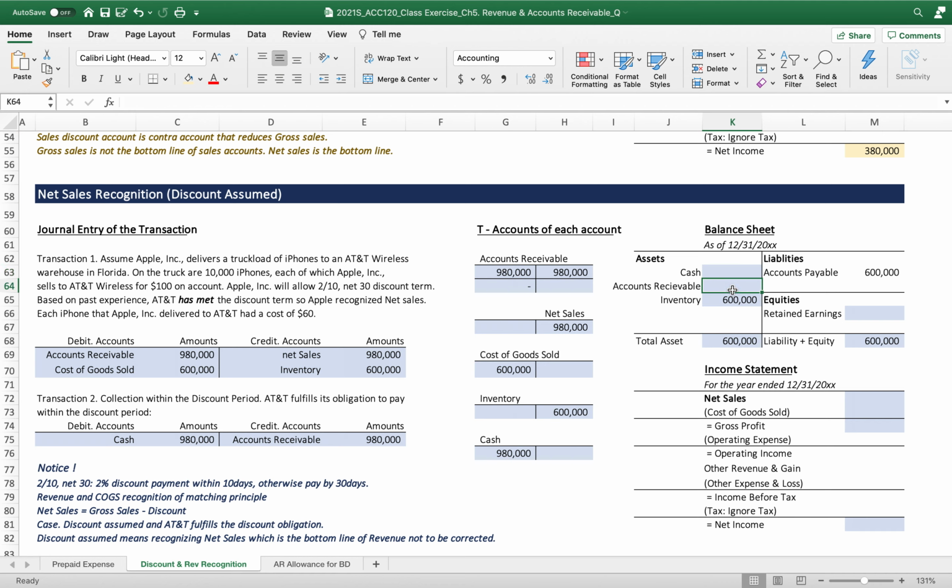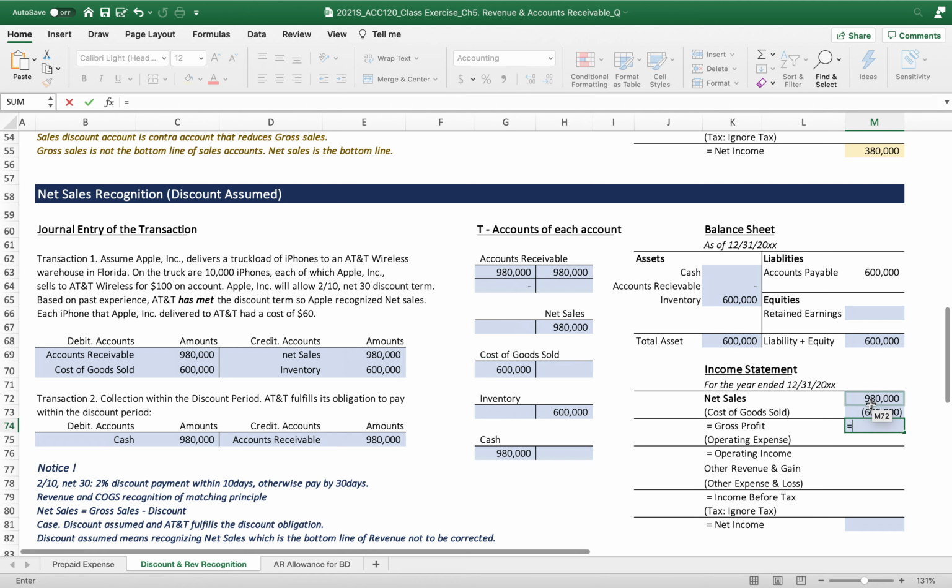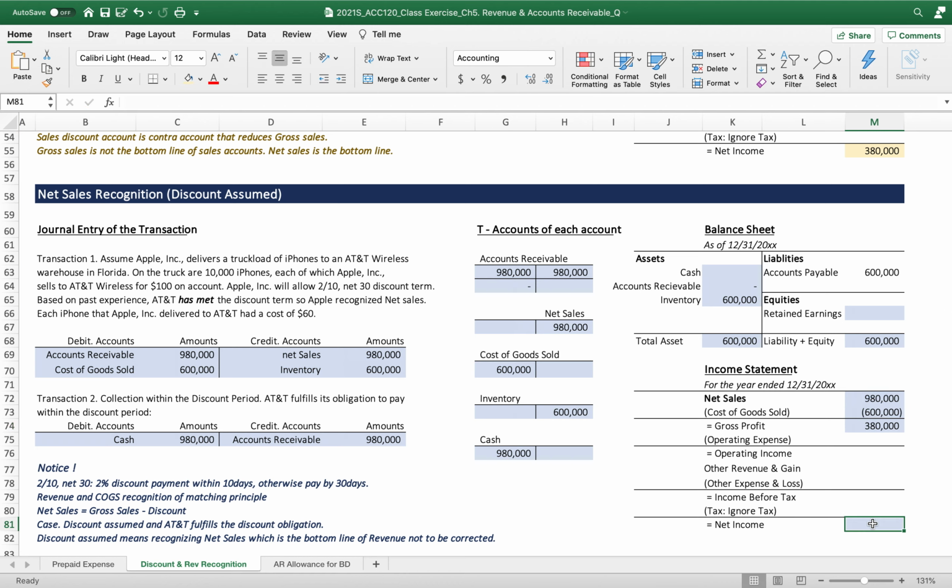Accounts receivable is 0, and net sales is simple, 980. Cost of goods sold, always an expense on the income statement, is negative. So the gross profit is 380. We don't have any other transaction, so retained earnings should be the net income.